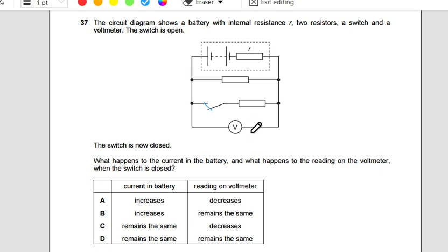It will be the same for the two resistors, but it will not be the same as the case where the switch was open, because when the current now increases, the potential drop across the small internal resistance r increases, and hence the potential out of the battery, which is the same for the two resistors, now decreases. So the answer is A.